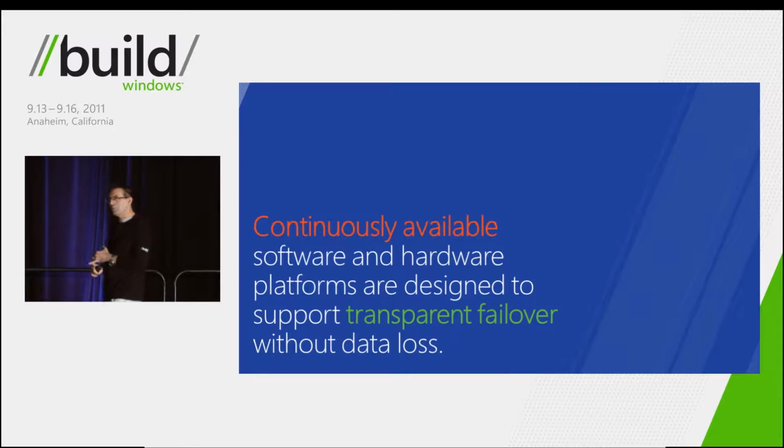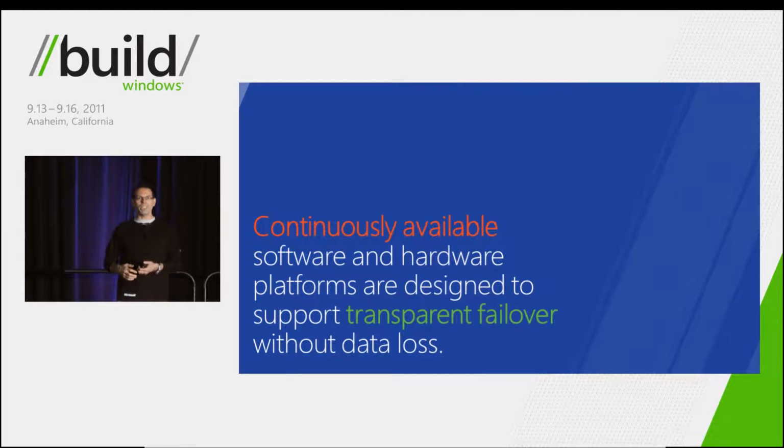One is it's about software and hardware working together. You can't get continuous availability with just hardware. You can't get continuous availability with just software. You have to have them both, and they have to be working together, designed to deliver the kind of continuous availability that customers expect.